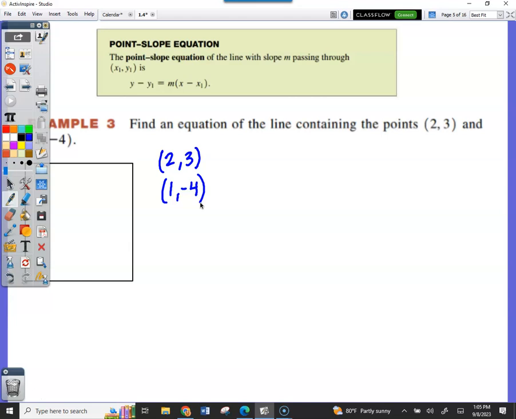There's two ways to find the slope between those 2 points. You can use the good old-fashioned way that we talked about yesterday, stack them and subtract them, or you can go to the point-slope formula.